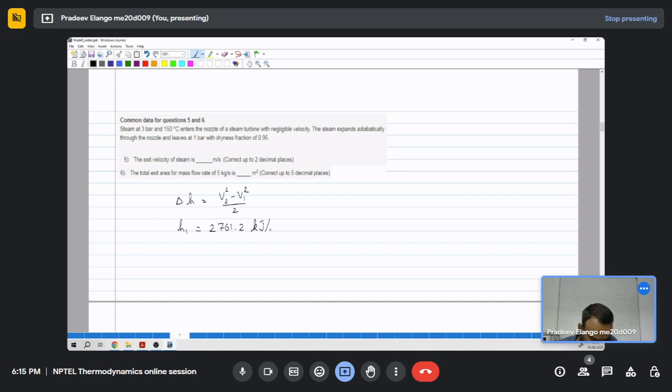kilojoule per kg, and enthalpy 2 has some dryness fraction. That means it is a mixture of water and steam. Then we have enthalpy of the fluid at second state plus dryness fraction into HFG2, and this is at 1 bar.